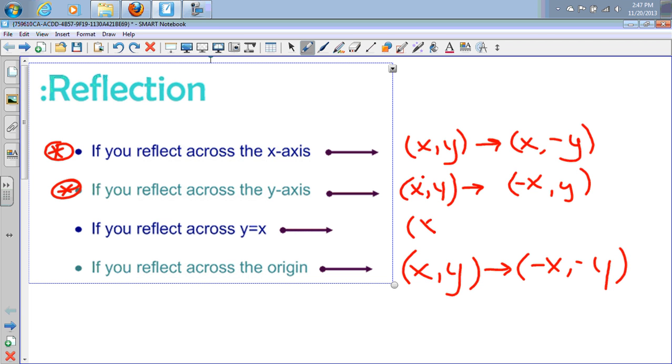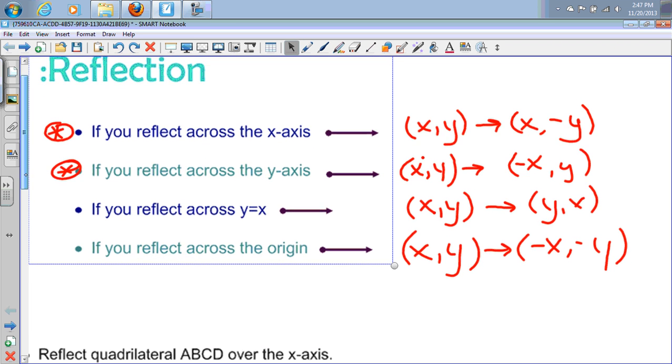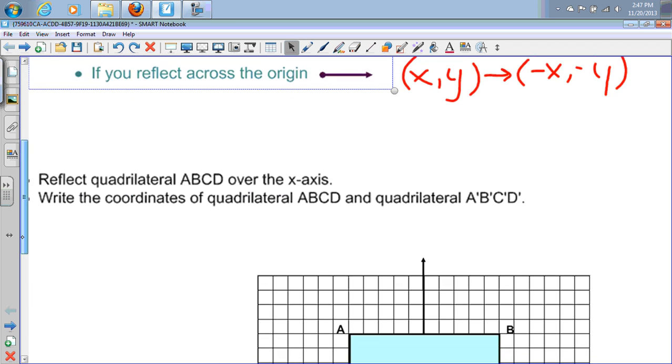And if we reflect over the xy line, or y equals x line, guess what? x and y are just going to switch sides. Okay, so summarizing those, put to practice.